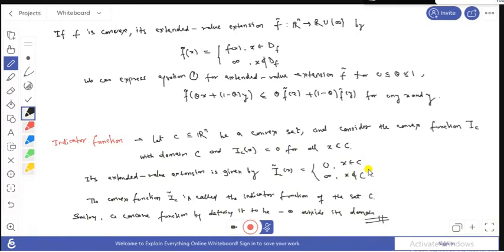Okay, and if time permits, we can also introduce what is a hyperplane, okay, and what are the half planes. Okay, so at 1:10 you can rejoin, after this 10-minute break.